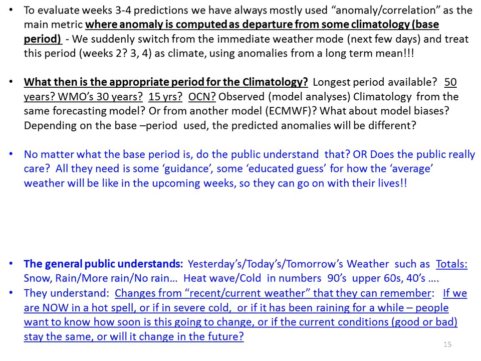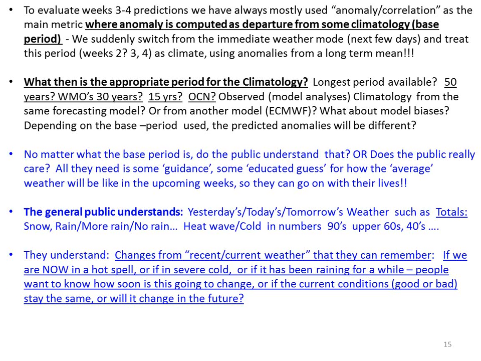Or when is this cold spell going to end? When is this severe heat wave going to turn into something different? That's the kind of thing people are interested in, not with respect to some climatology, which by definition is not unique.